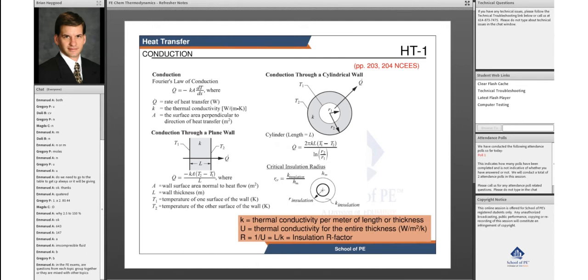Interesting question and a very helpful idea mentioned in the chat window there by Manuel. In the FE exam, yes, the questions for each topic are grouped together. I find that interesting because given the computer-based exams, it would seem very easy for them to randomize the order of the questions.